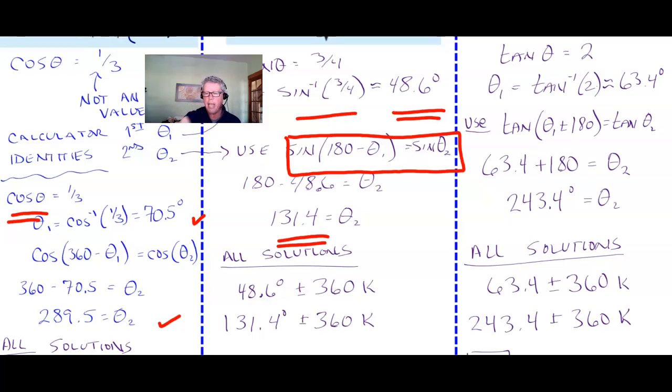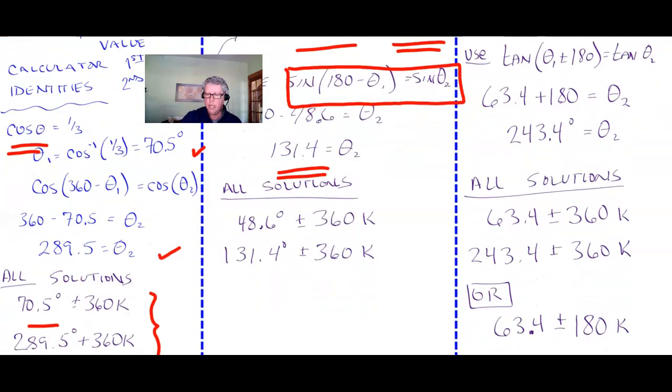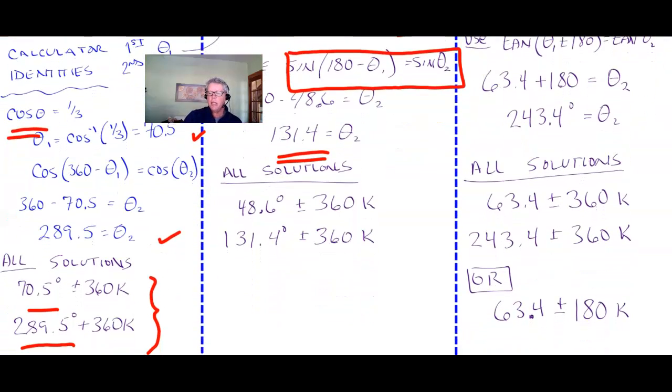Now, special for tangent only, since it's 180 and 360 and they kind of overlap, you actually can get by with just taking your first angle and adding and subtracting 180 over and over again. You will get the 243.4 on your way. I'm just saying this method is the same as sine and cosine, so it's consistent and people like consistency.